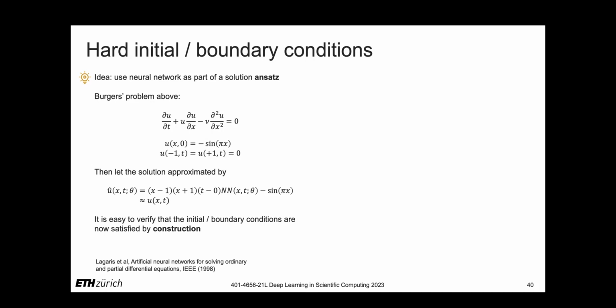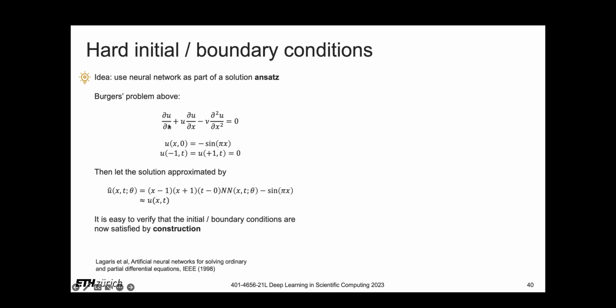There's a key idea for doing this, and this is one way of doing it: use the network as part of a solution ansatz. Hopefully you've heard of ansatz before. This is where you start off with a mathematical expression that you think might represent the solution to something, but you're not entirely sure. So it's like a starting guess. That's what an ansatz means.